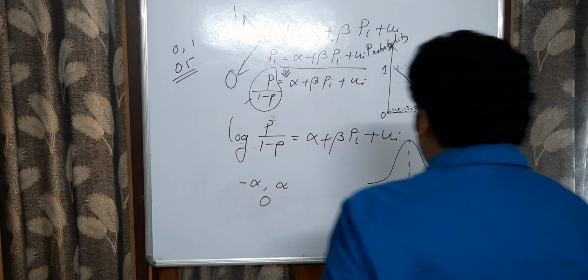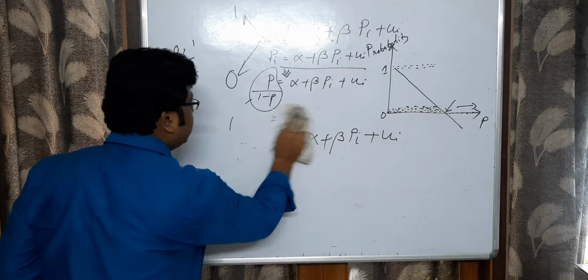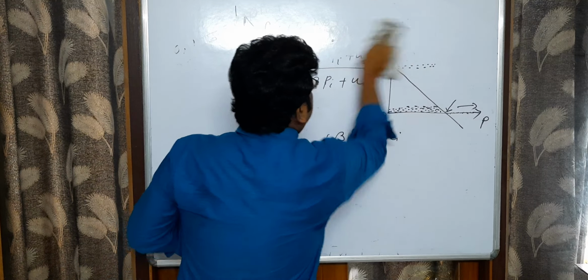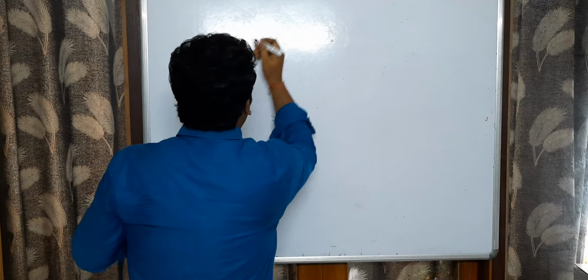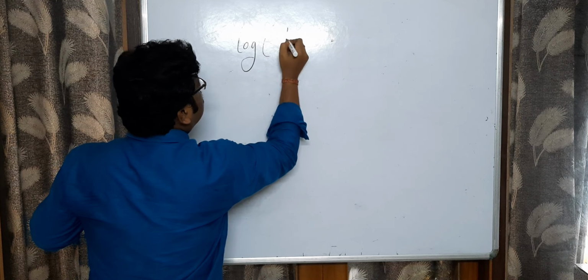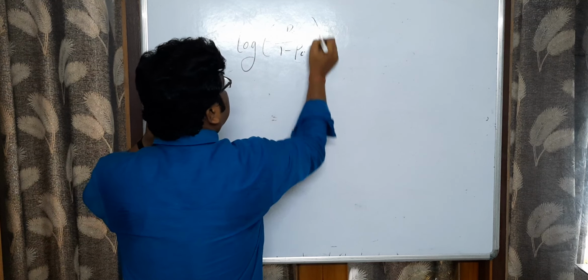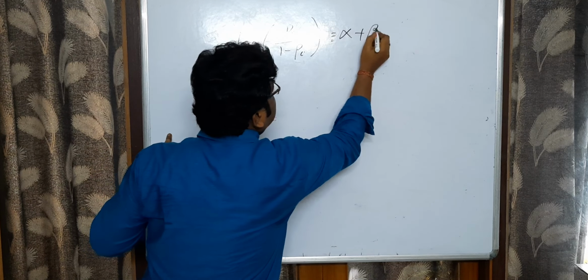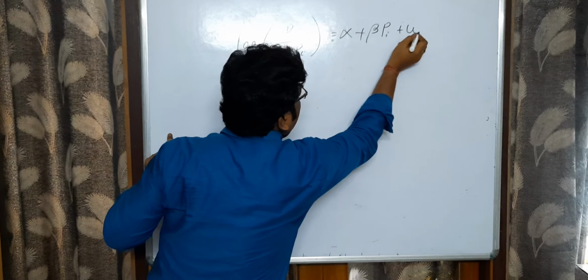Look here, I am writing again: log of Pi over 1 minus Pi equal to alpha plus beta price Pi plus Ui.